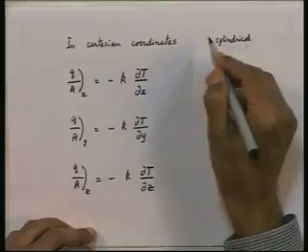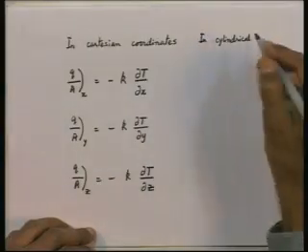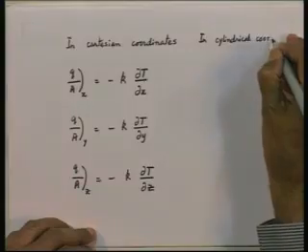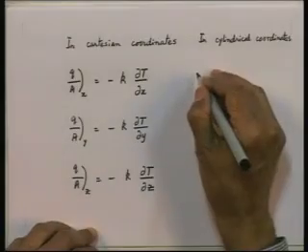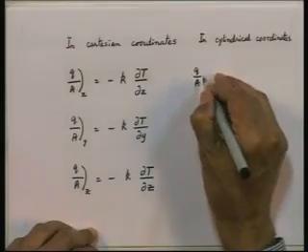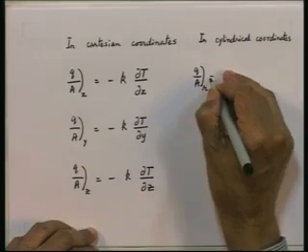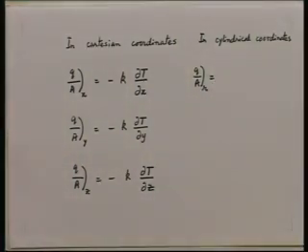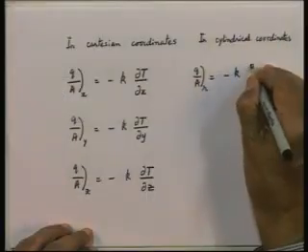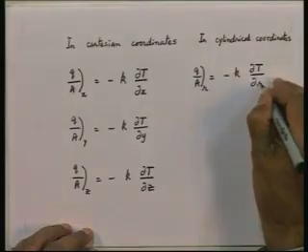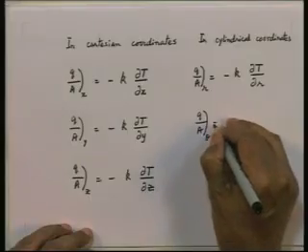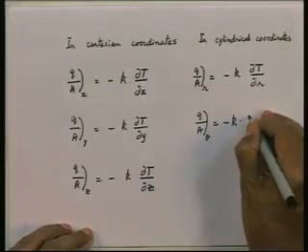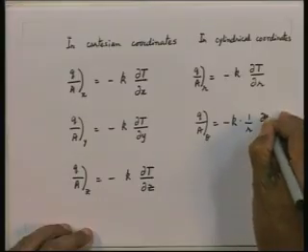In cylindrical coordinates, the statement of Fourier's law would be, cylindrical coordinates are r, theta, z, Q by A in the r direction is equal to minus k dT dr, the radial direction, Q by A in the theta direction is equal to minus k into 1 by r dT d theta.